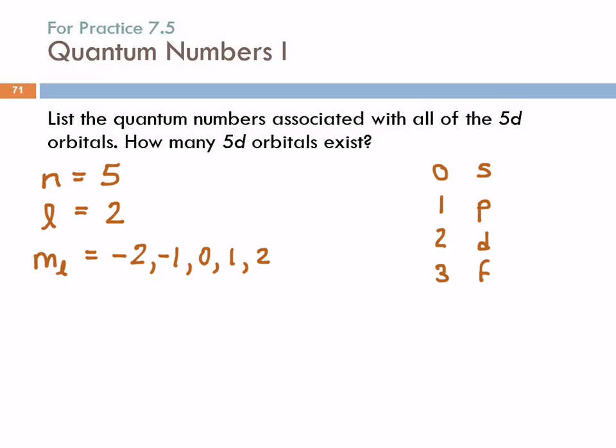The D specifies what L is. And so the only thing we can look at then is M sub L. So how many 5D orbitals are there? How many values of M sub L are there? 5. So there are 5 5D orbitals.